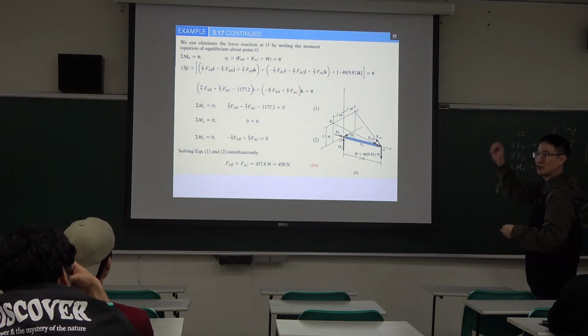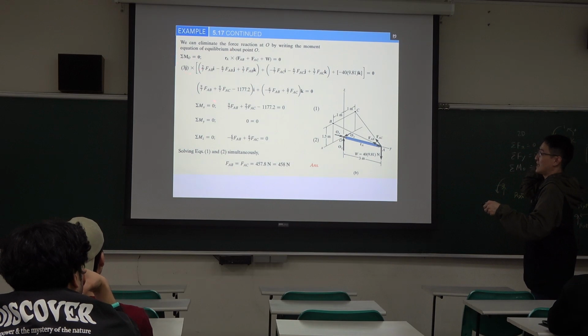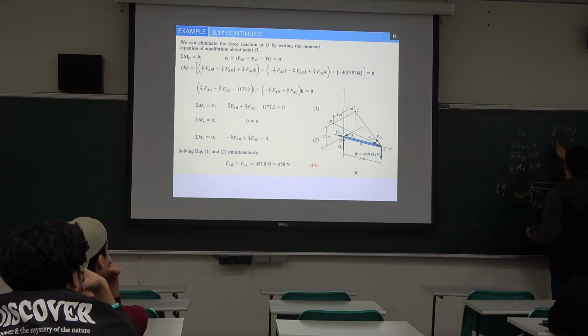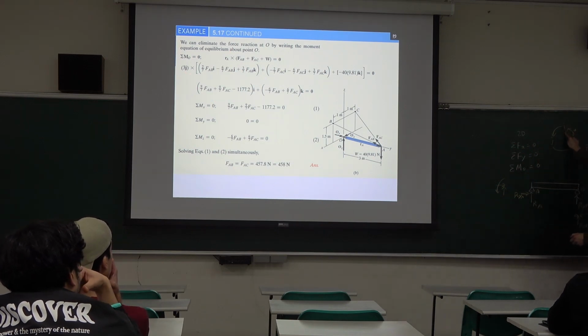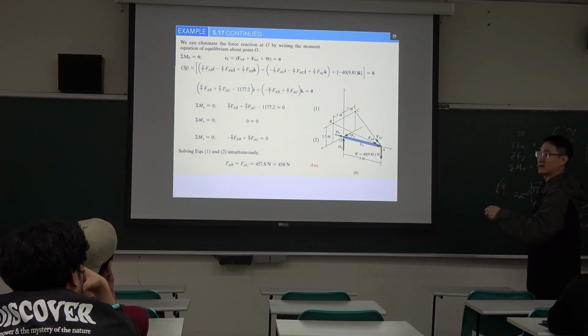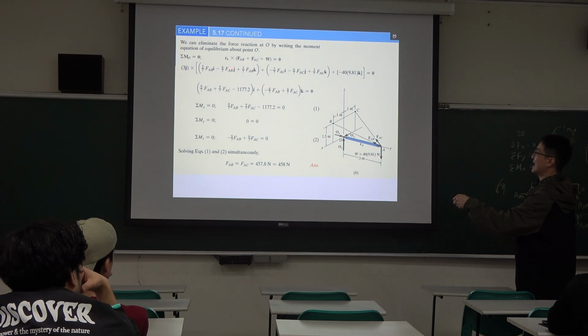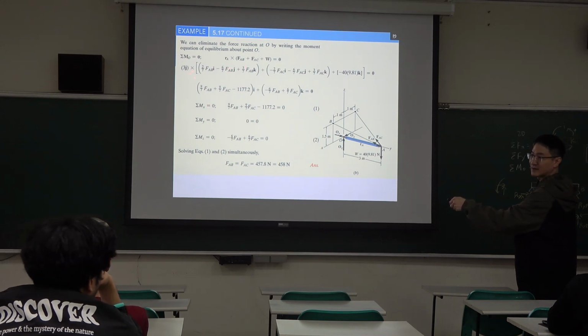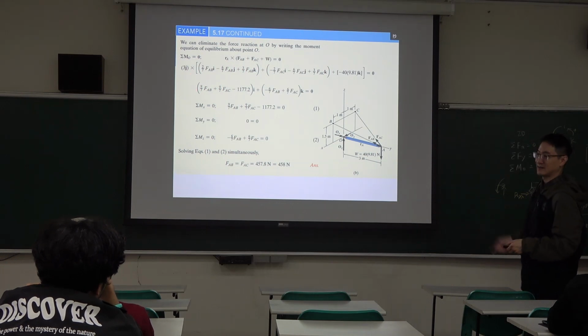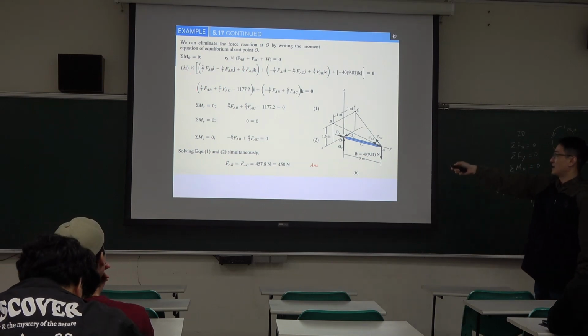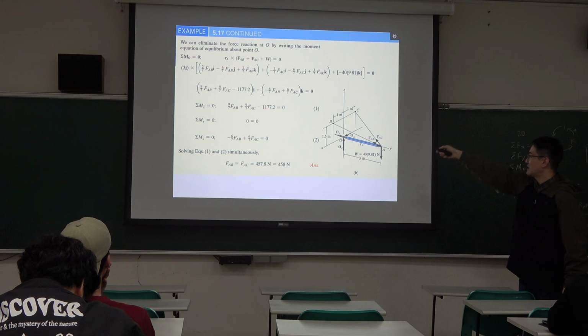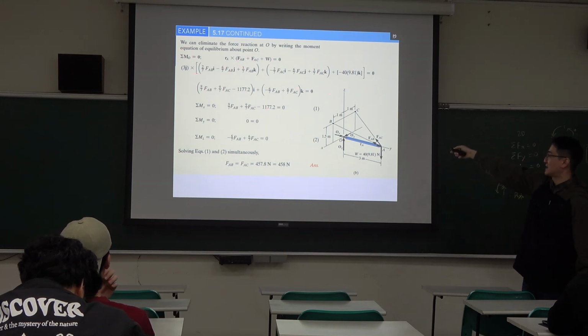J cross J is 0. J cross K gives us I, positive. So FAB is positive this way. Similarly, this part can be simplified like this.